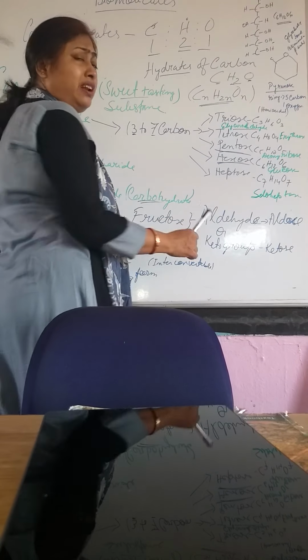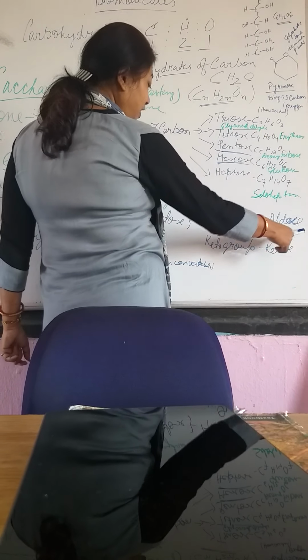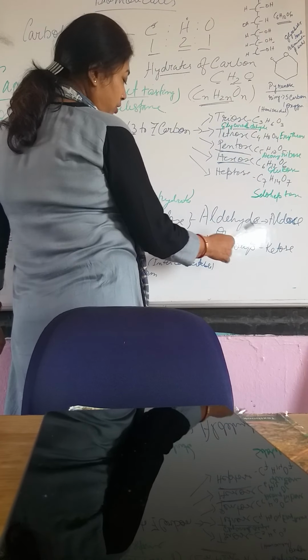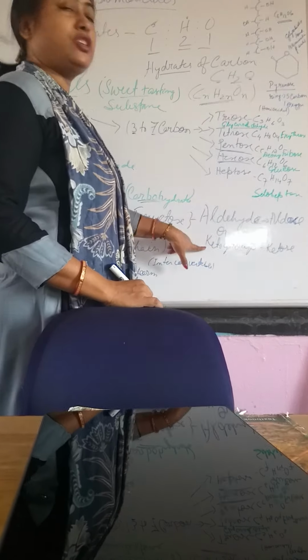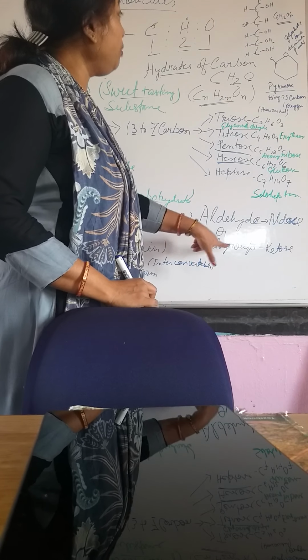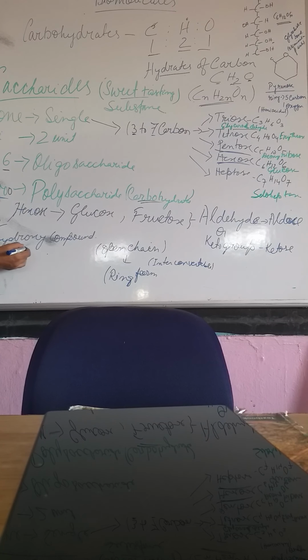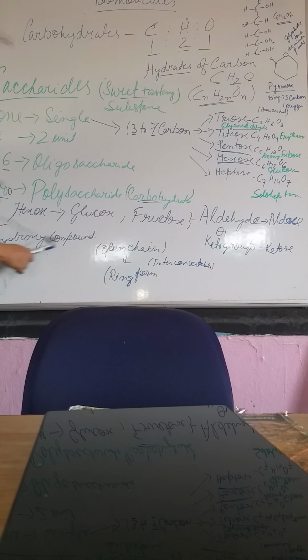This, which includes glucose and fructose, is a polyhydroxy compound. That means it has plenty of OH attached to it.